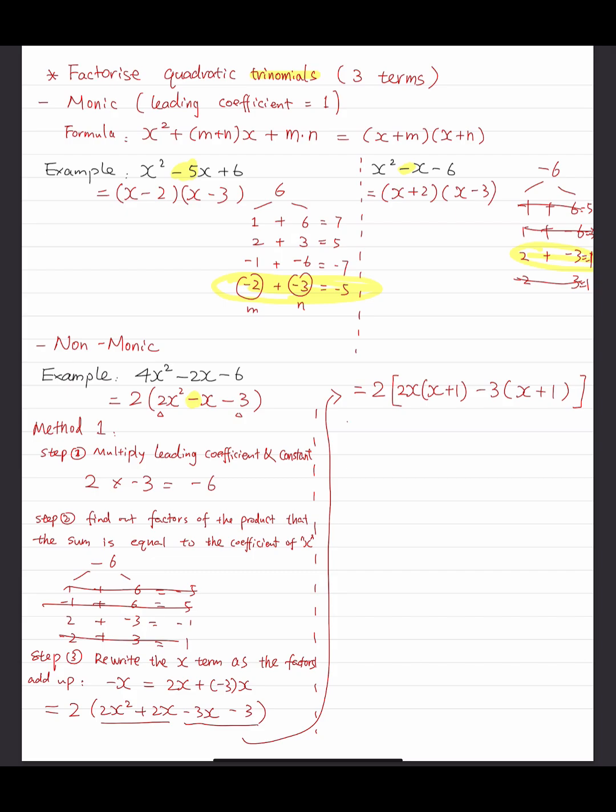We can say x plus 1 is also a common factor, so you take the x plus 1 out, and the remaining term, which is 2x minus 3, is the other factor. So this is how we factorize non-monic quadratic trinomials using factorize by grouping.